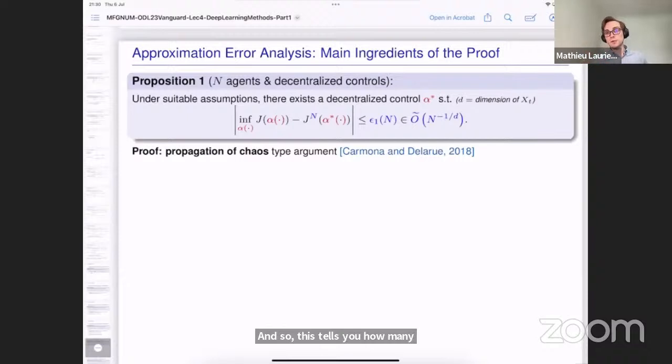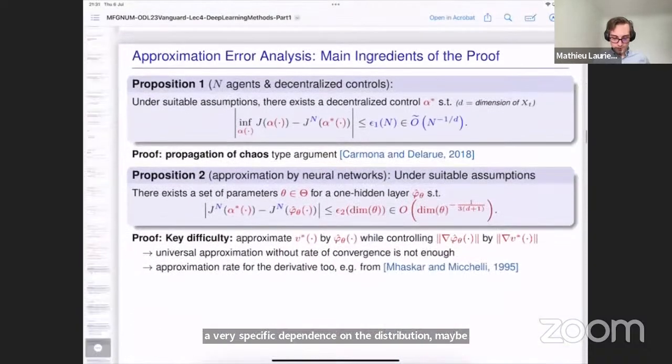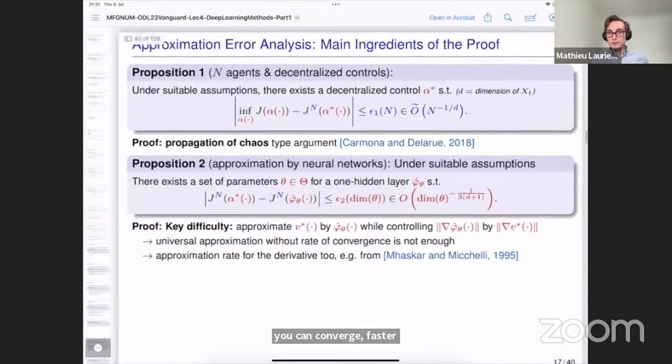And you see that in principle, in high dimension, you need many particles. But this result is for a relatively general dependence on the distribution. So if you have a very specific dependence on the distribution, maybe you can converge faster. And this is based on a propagation of chaos type of argument, which is developed in detail in the book of Carmona and Delarue.